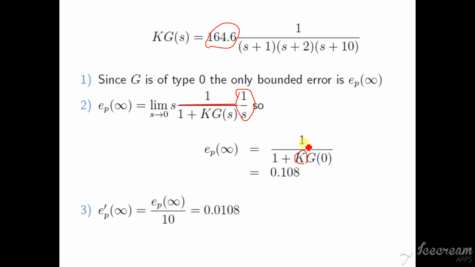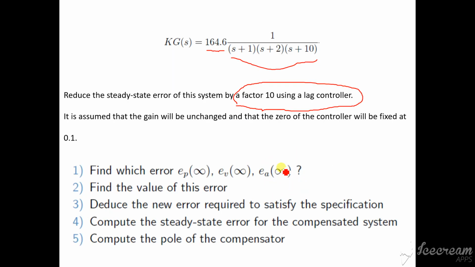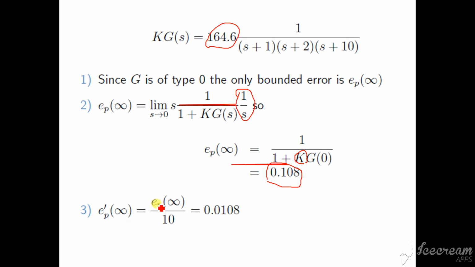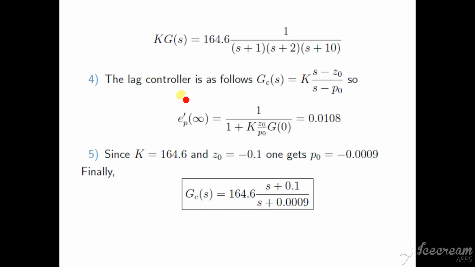This value becomes this multiplied by 20, 1 plus, you divide it, you can find the e_p. They said to us a steady state error reduced by a factor of 10. The factor 10 means e_p divided by 10, you can find e prime p, with the compensator, that means with the lag controller.